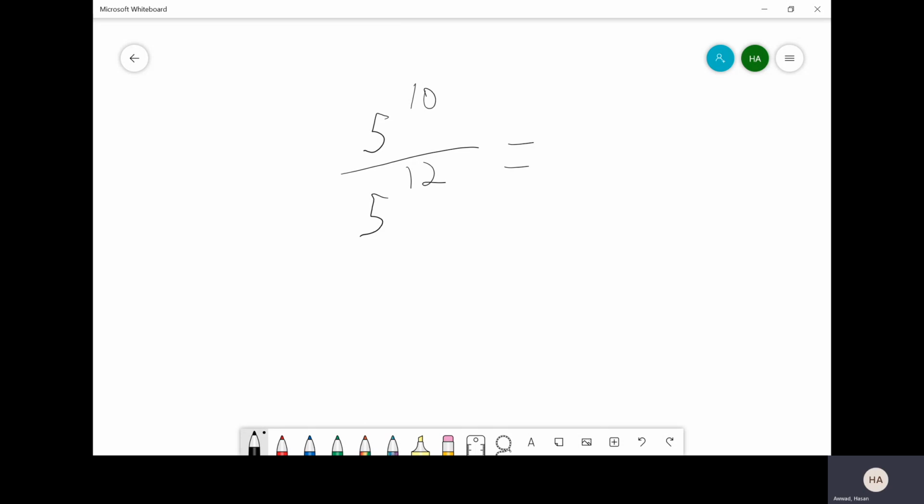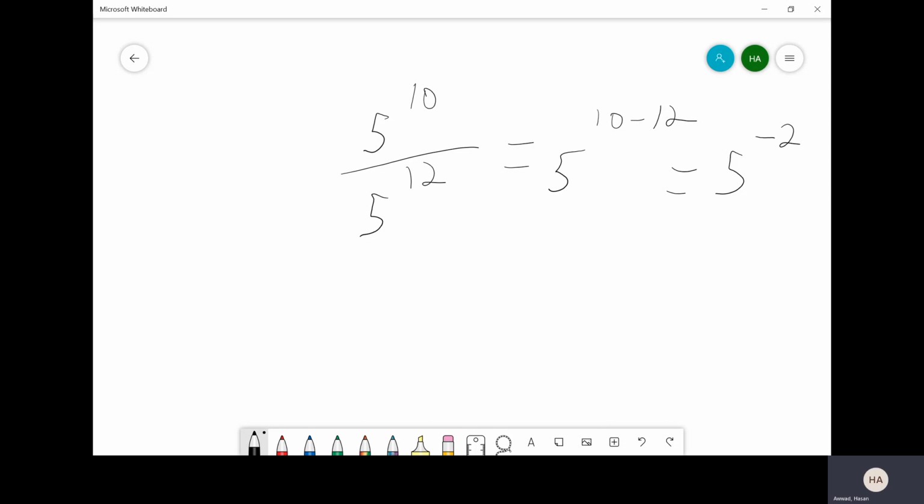Okay, hopefully you guys got it. So again, the idea is when you have the same base, different exponents, and there's division, we are going to keep the base the same, but we are going to subtract the exponents, right? So it's 10 minus 12. And 10 minus 12 gives you negative 2 in the exponent.